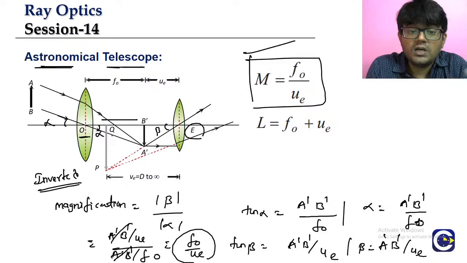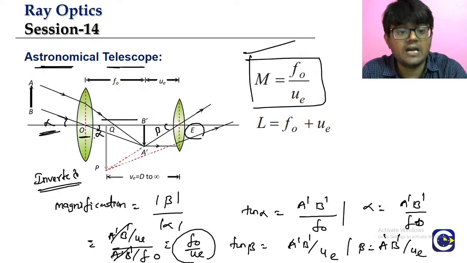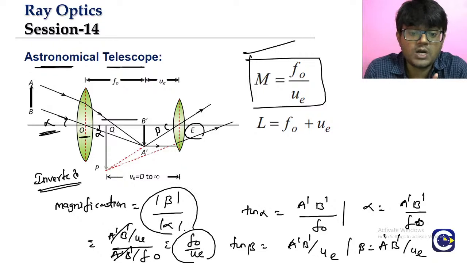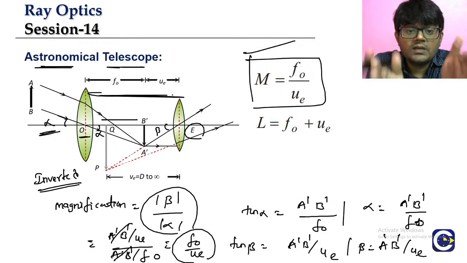We have to measure the magnification with respect to the original angle formed. Original angle formed is alpha. So the magnification is mod beta by alpha. Why are we putting modulus? Because we already know that the overall magnification will be inverted. Okay.